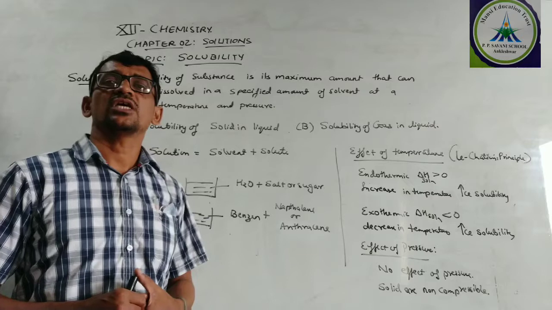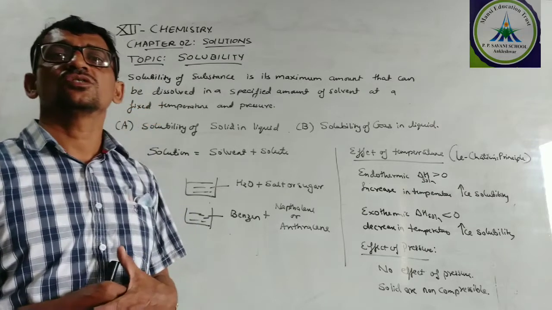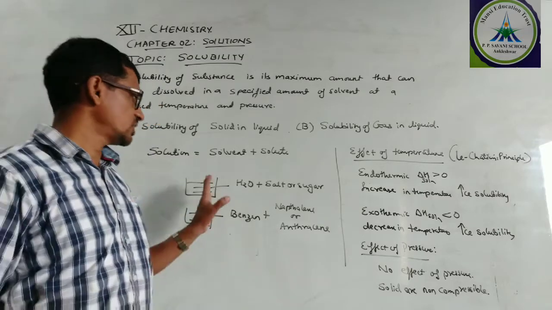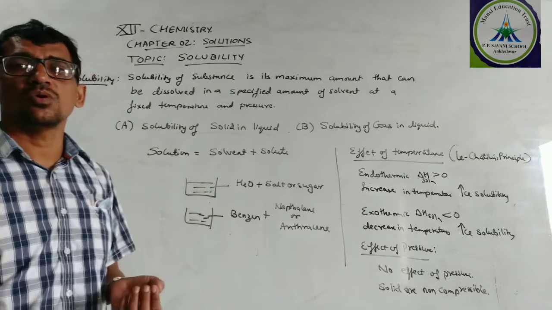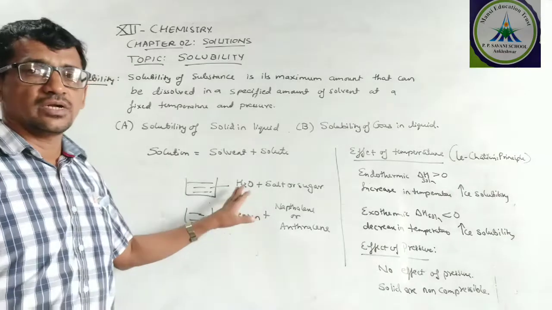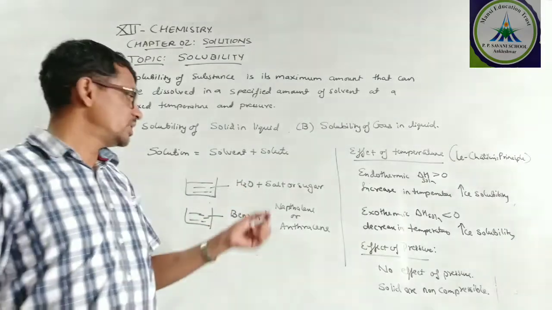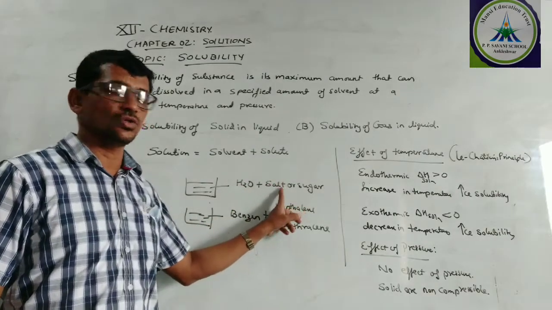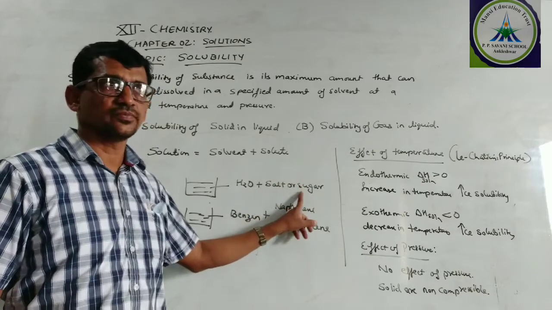This is known as a saturated solution. So the maximum amount of solute which can be dissolved in a particular solvent is known as the solubility of that particular solute, salt or sugar.